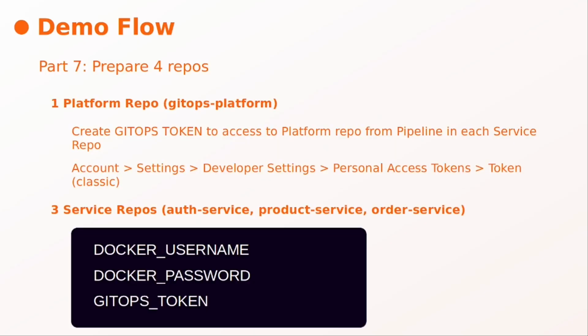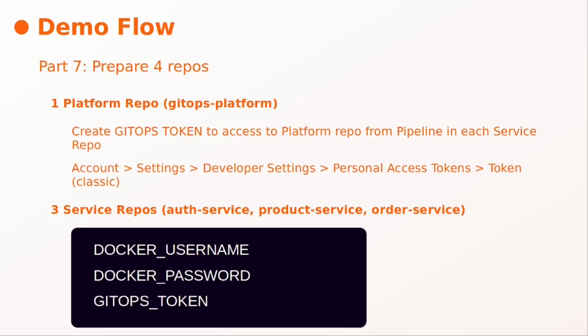Part 7. Repository preparation. The system is organized into multiple Git repositories. There is one central GitOps platform repository which contains all Kubernetes configuration and deployment definitions. This repository acts as the single source of truth. In addition, there are separate repositories for each service, such as auth, product, and others.